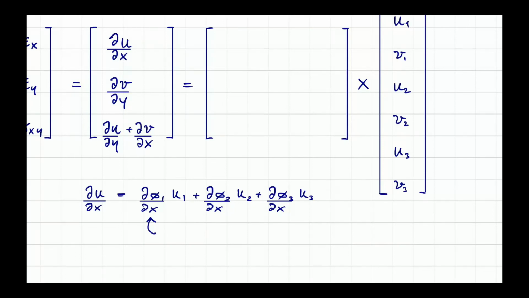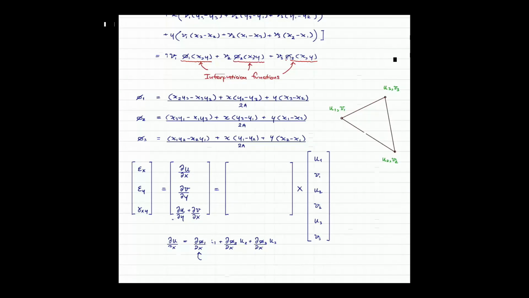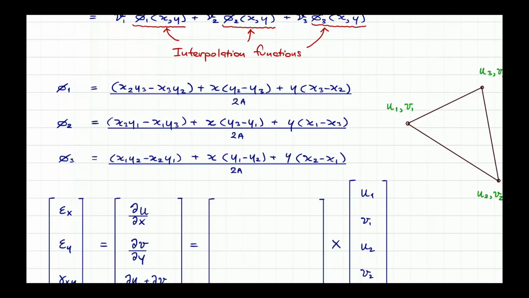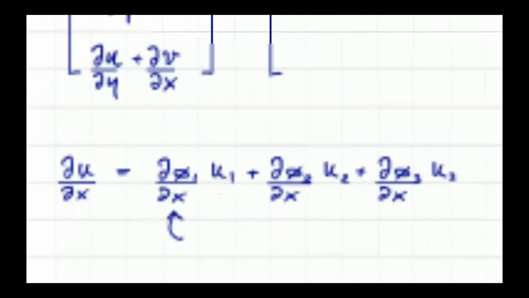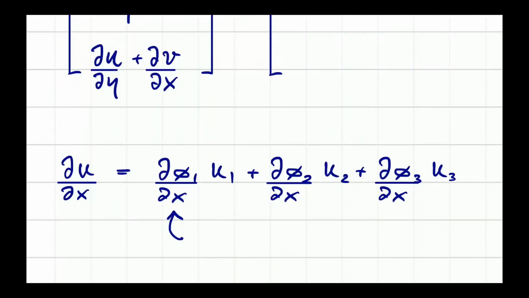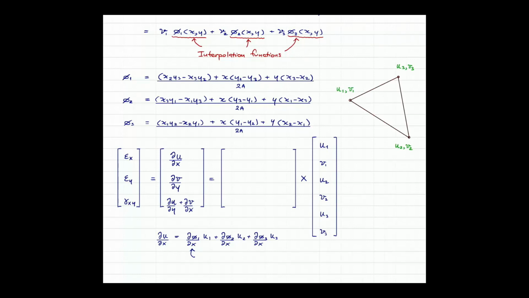Now, the shape functions you have here are made in the global, or physical, coordinates x and y. So if you want to find this quantity, it is very easy. You take the derivative with respect to x, so just this term inside survives.